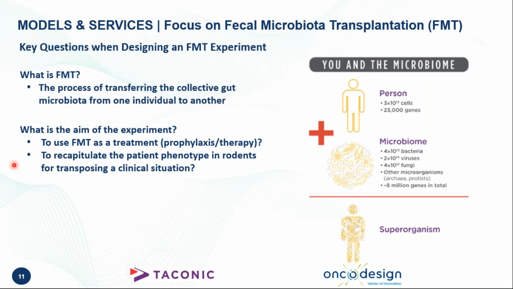It has also been shown with some clinical relevance in the management of patients with inflammatory bowel disease, such as ulcerative colitis or Crohn's. And in animal studies, increasingly there are more and more papers and publications showing that FMT can be an important tool in microbiome research.